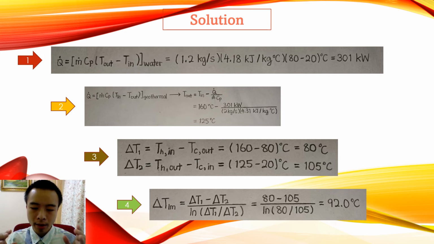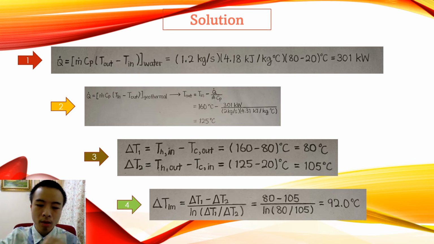After that, noting that all of this heat is supplied by the geothermal water, the outlet temperature of the geothermal water is determined to be 125 degrees Celsius from the formula T out equals T in minus Q divided by mass flow rate of geothermal water times specific heat of geothermal water.